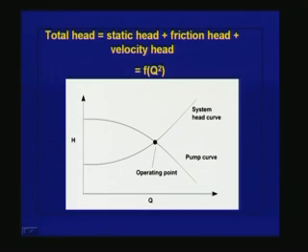Let us say your delivery pipe is discharging into the atmosphere, then there is a certain velocity with which water comes out. So there is a velocity head. So the static head, plus the friction loss in the delivery system, in the delivery pipe, plus the velocity head is what we call the system head.